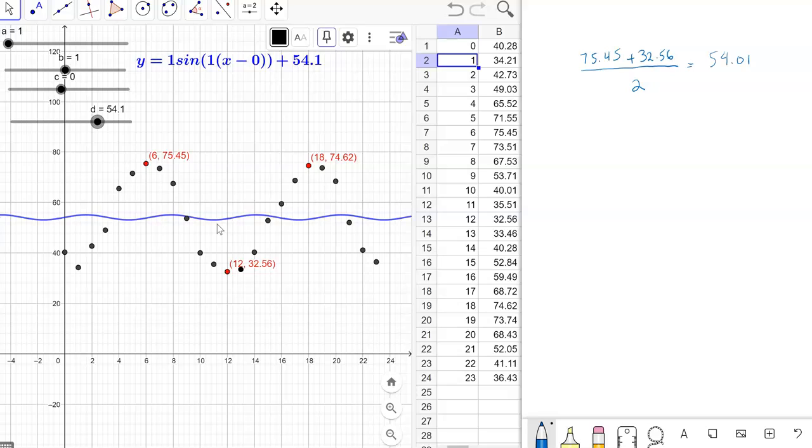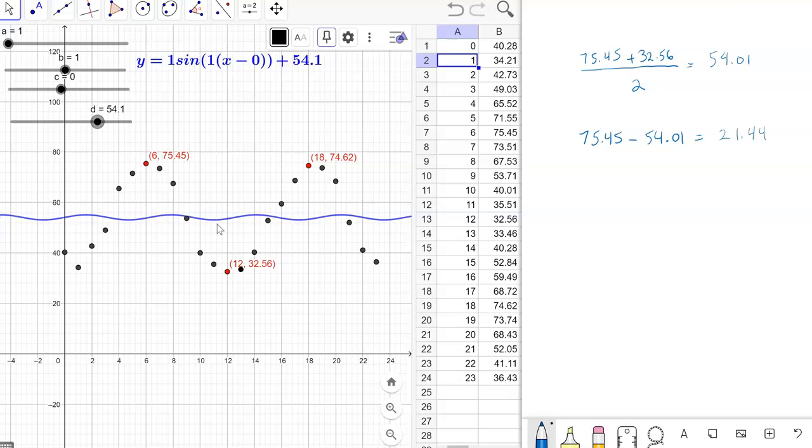So if I take 75.45 and subtract 54.01 from it, right? So 75.45 minus 54.01 is 21.44.